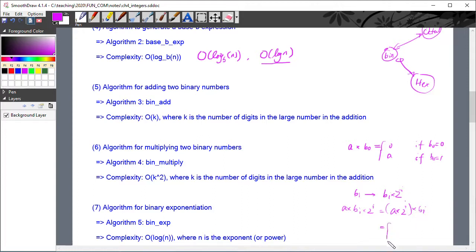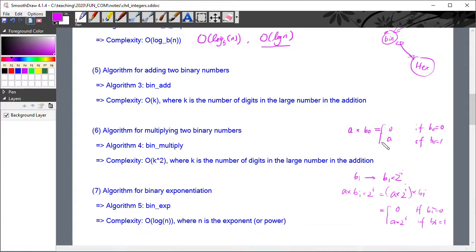It equals 0 if Bi equals 0. It equals A times 2 to the power i if Bi equals 1. Right? So this is very similar to the equation we have. When we have this Bi times 2 to the power of i, multiplied by A, we are going to have this scenario.